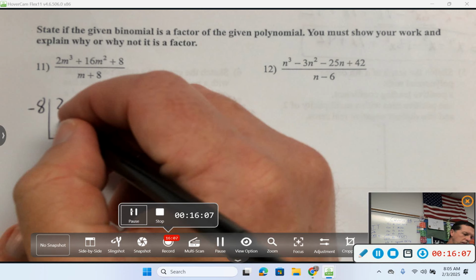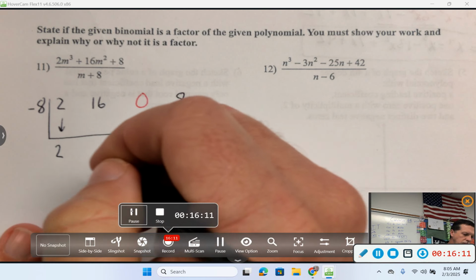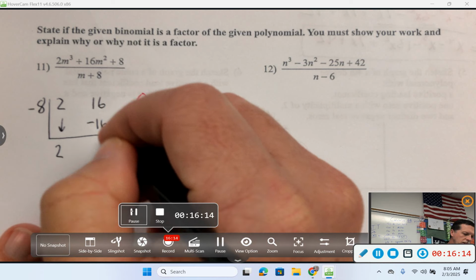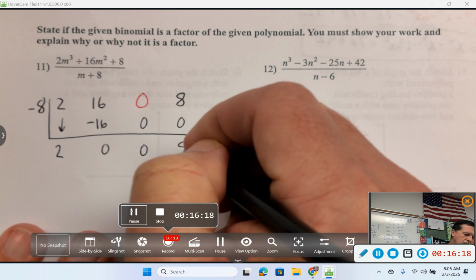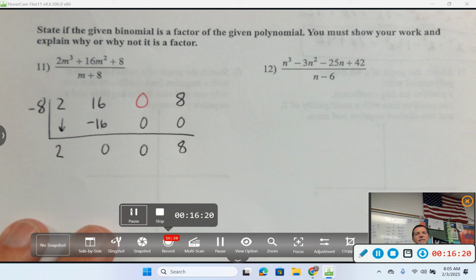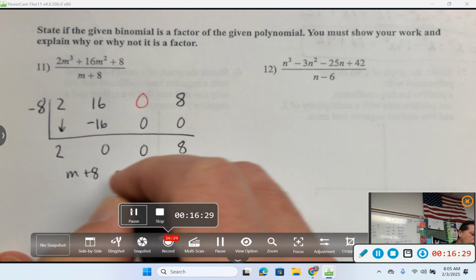So fairly easy from there. Oh, it's looking good so far. Nope. But that's where it's like f of negative 8, right? Yes, I'm glad you said that. So let's say two things here.